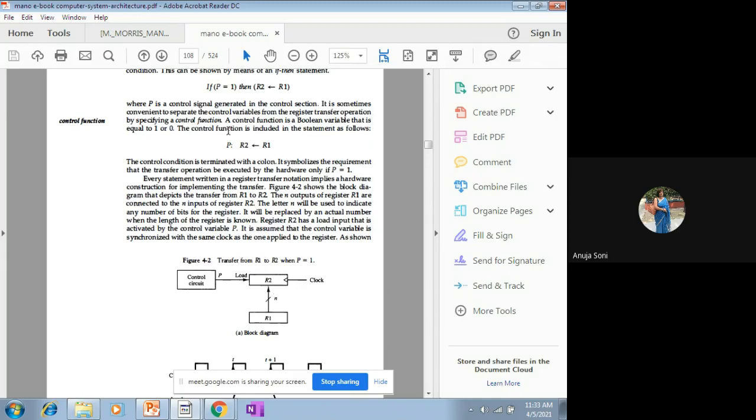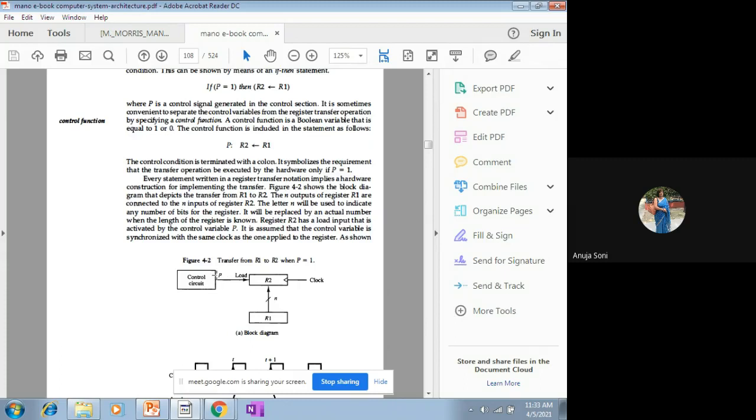Now we come to the control function. There will be some kind of control circuit, and as I told you, the value of P can either be 0 or 1. Whenever its value is equal to 1, only then will all the n bits from R1 get transferred to register R2. So some control circuit is there that will enable the value of P as 1.